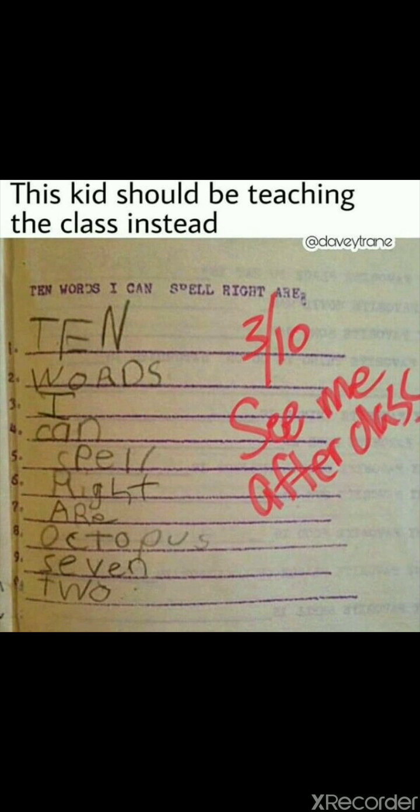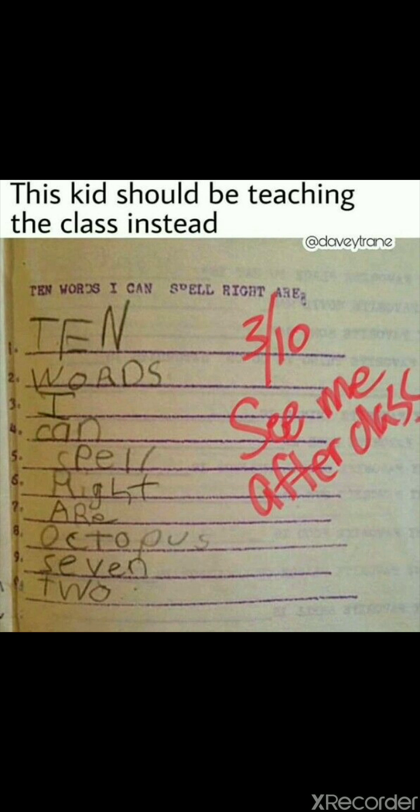This kid should be teaching the class instead. Okay, so 10 words I can spell right are 1, 10, 2, words, 3, I, 4, can, 5, spell, 6, write, 7, are, 8, octopus, 9, 7, and 10 is 2.